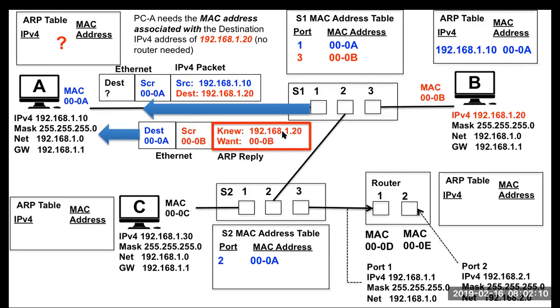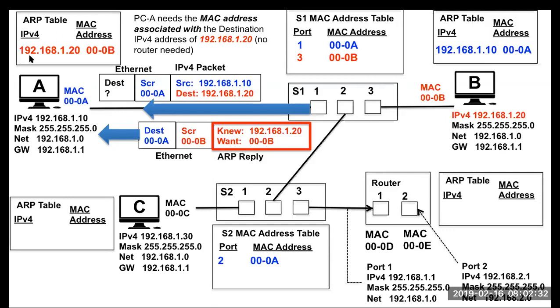But what's important here, or the point I'm trying to make, is that it also, of course, contains the sender's MAC address and IPv4 address. This is what PCA was waiting for. So A adds that information to its ARP table.